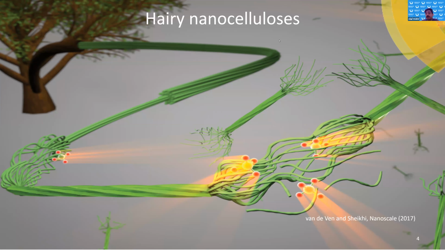We have revisited the synthesis of nanocelluloses by preferentially oxidizing the amorphous regions of cellulose fibers. As I mentioned, cellulose fibers are made of crystalline and amorphous regions.